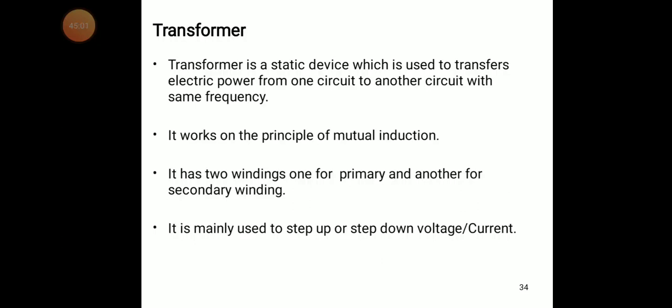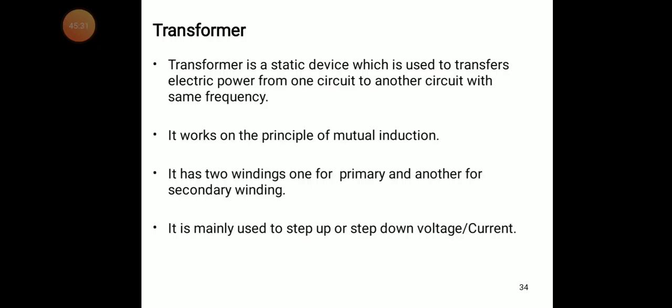A transformer is a static device which is used to transfer electrical power from one circuit to another circuit with the same frequency without any physical contact.